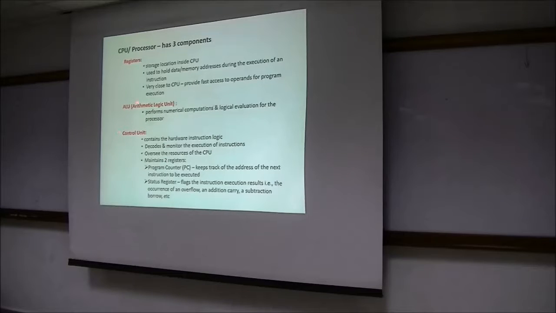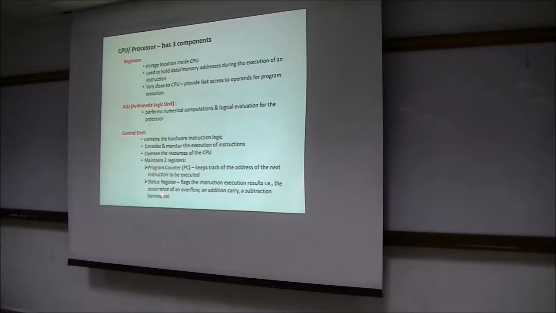So the last one is the control unit. From the name itself, you know that this particular unit is to control. Now the question is, what does it control? The control unit contains the hardware instruction logic, decodes and monitors the execution of instructions, and oversees the resources of the CPU. It maintains 2 registers.